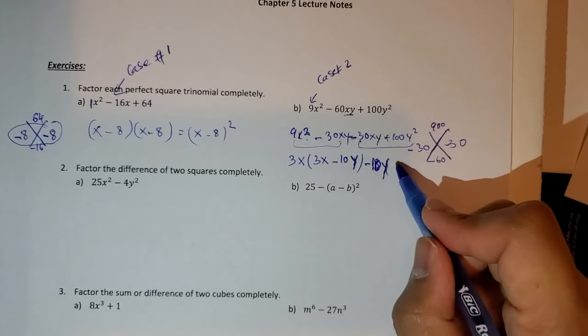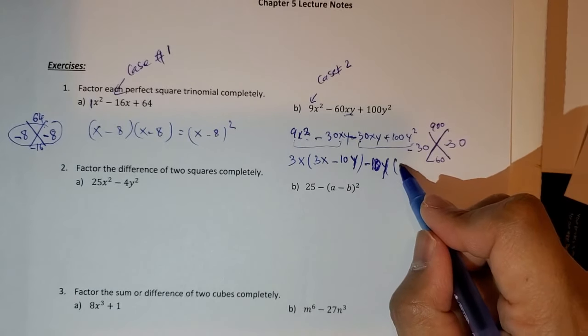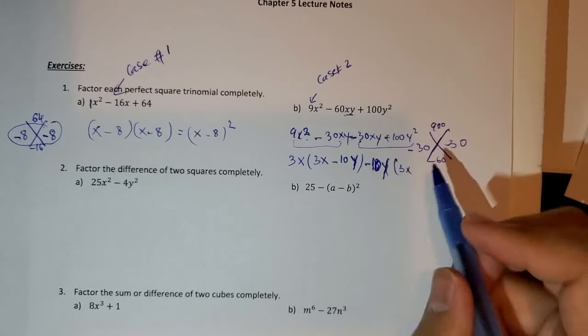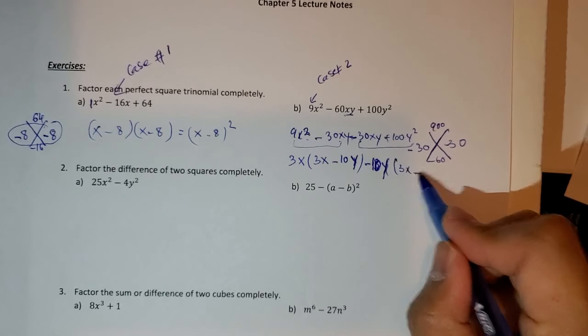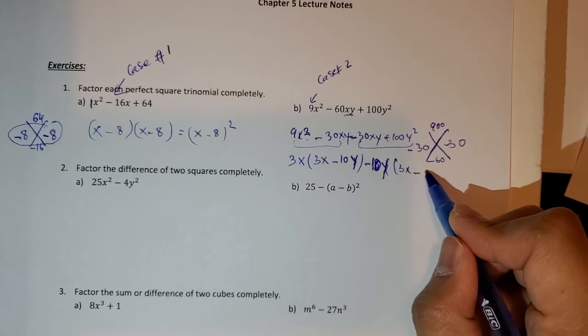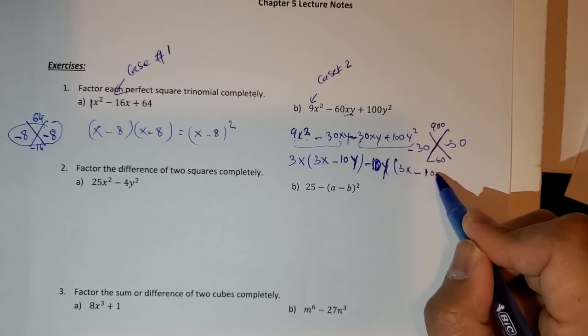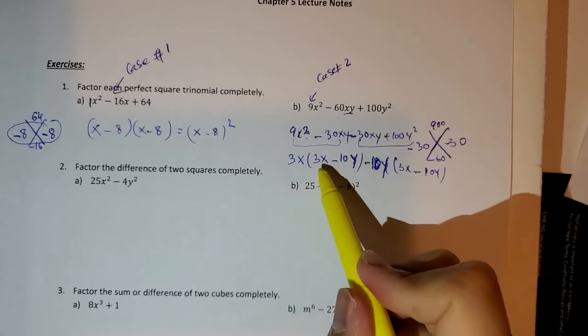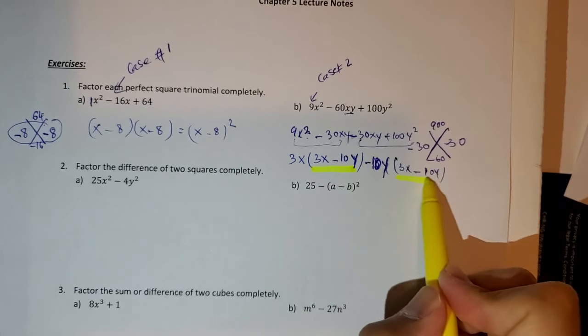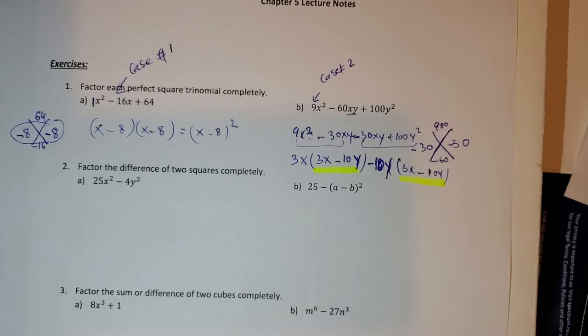So now what am I left with? I'm left with 3x, because y is pulled out. And since I pulled out a negative, this one becomes negative 10y. It's important that these have to match, because otherwise we cannot factor one more step. So now I need to factor one more step.